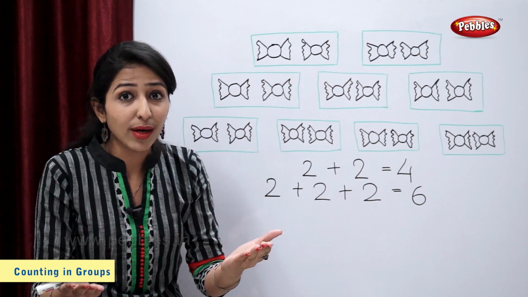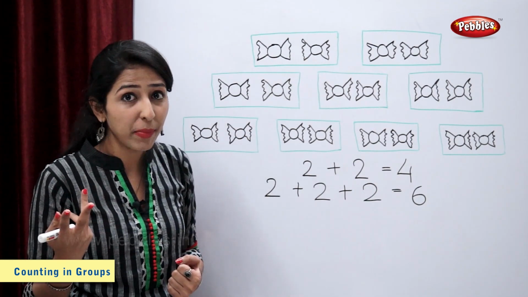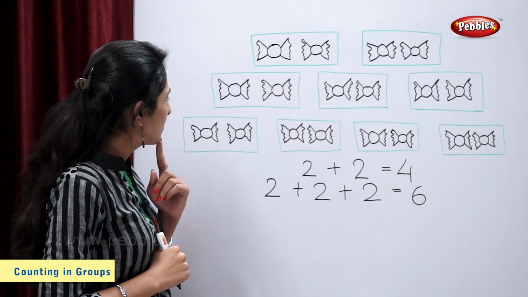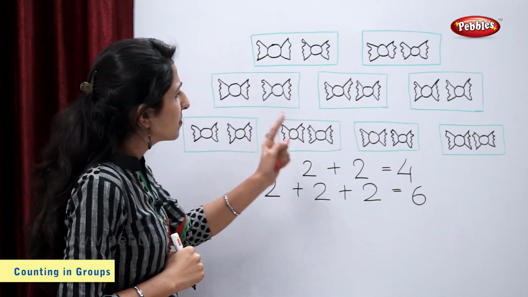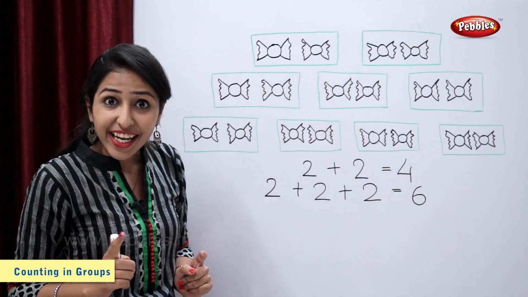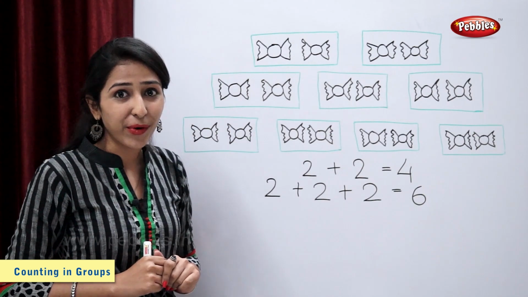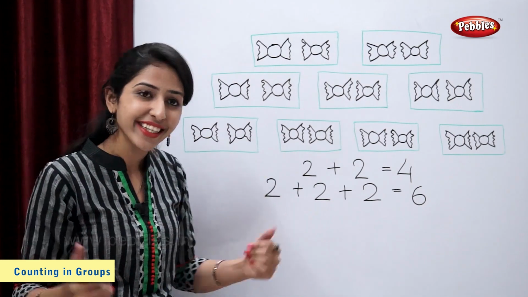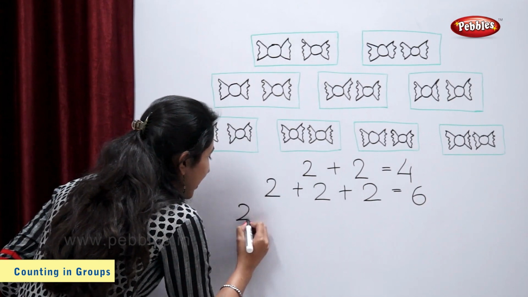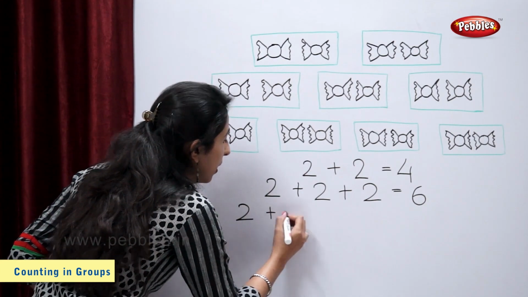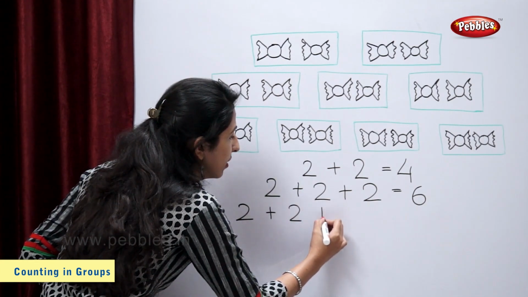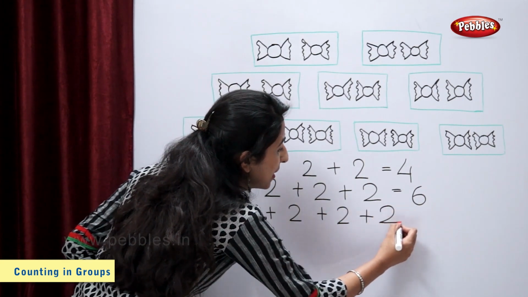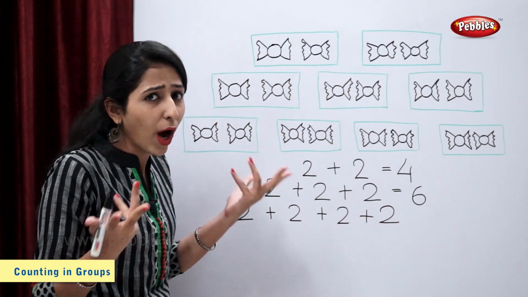Students, now you count and tell me there are how many pairs in the third row? There are 4 pairs in the third row. So 4 pairs of 2 chocolates each. 2 plus 2 plus 2 plus 2 is equal to how much?